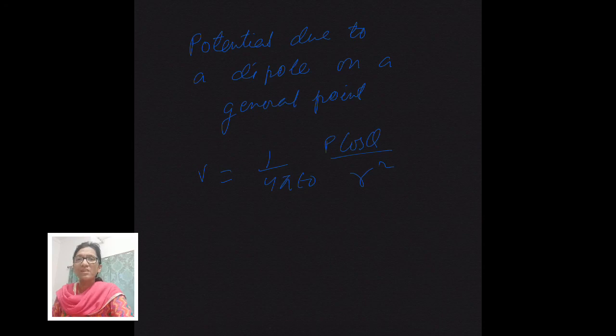So the potential due to a dipole at a general point comes equal to k p cos theta upon r square. From here you can see that the potential due to a dipole also depends on its orientation, because it depends on cos theta, and it is proportional to the dipole moment.